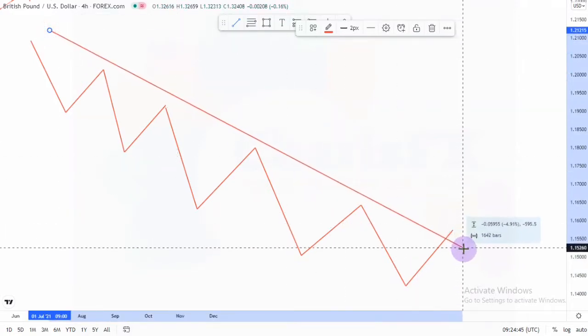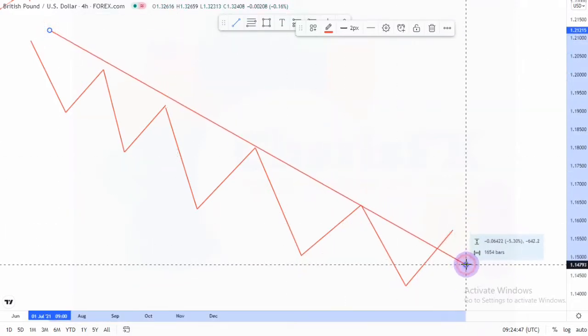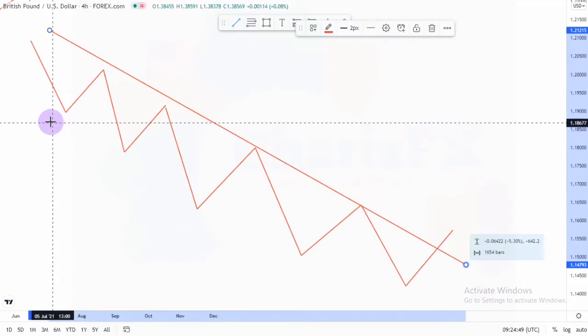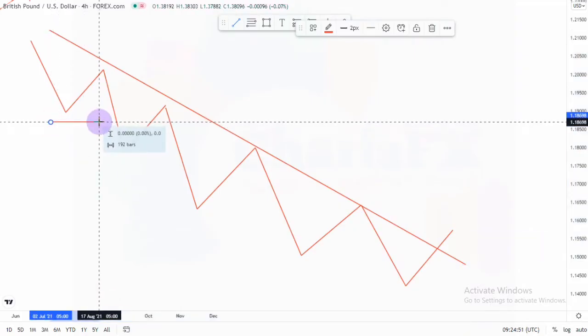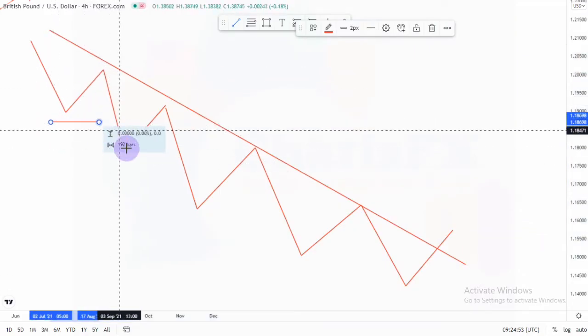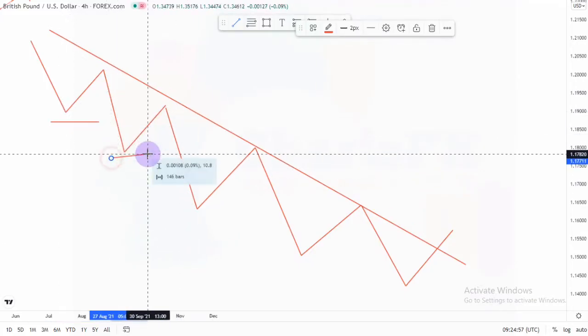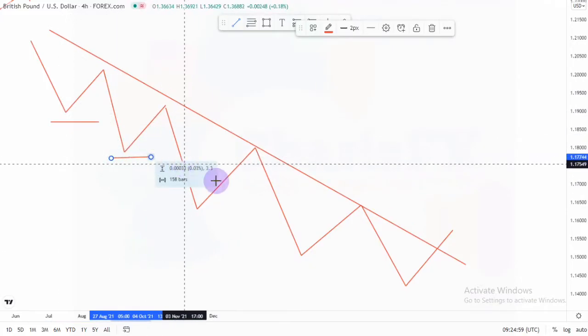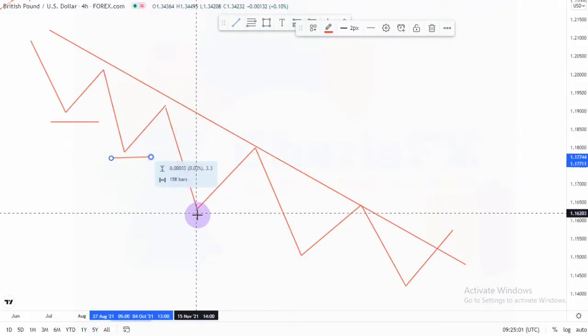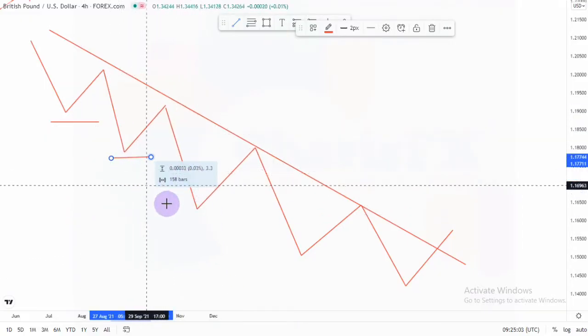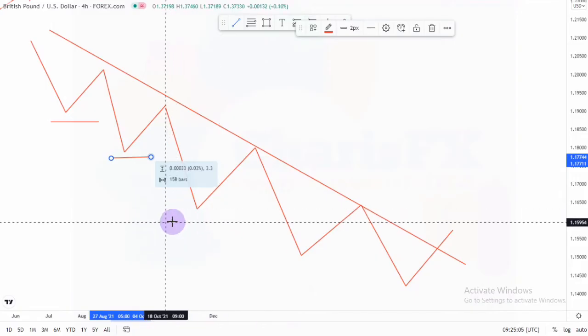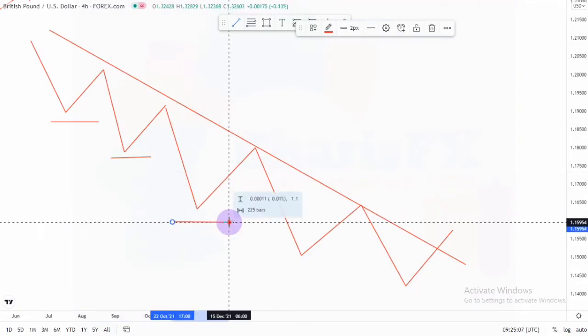You would see that the lower highs are connected on a trend, and then the lows keep taking out the previous low. This low takes out the previous low. The next low is supposed to be lower than the previous low.